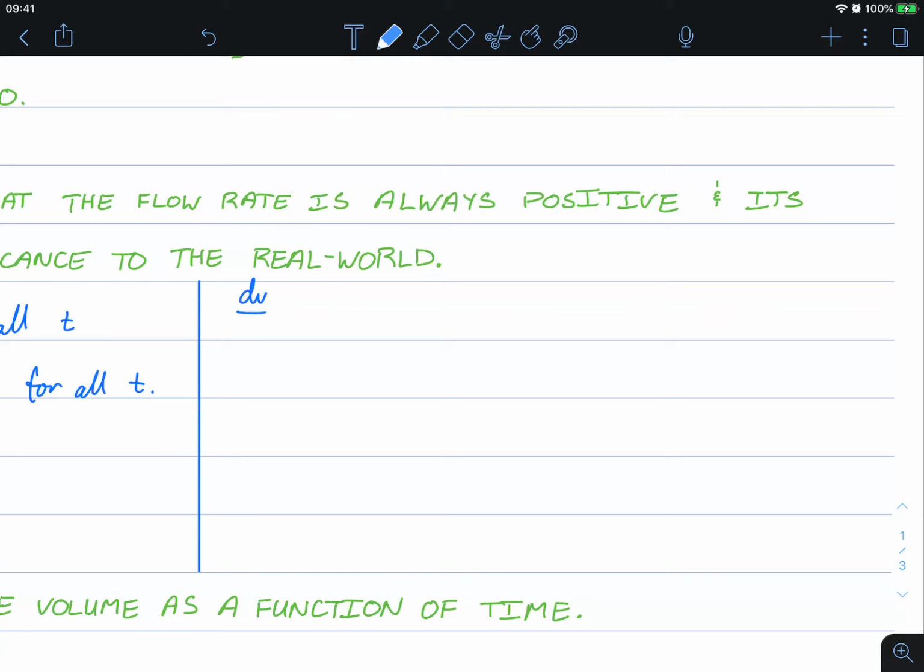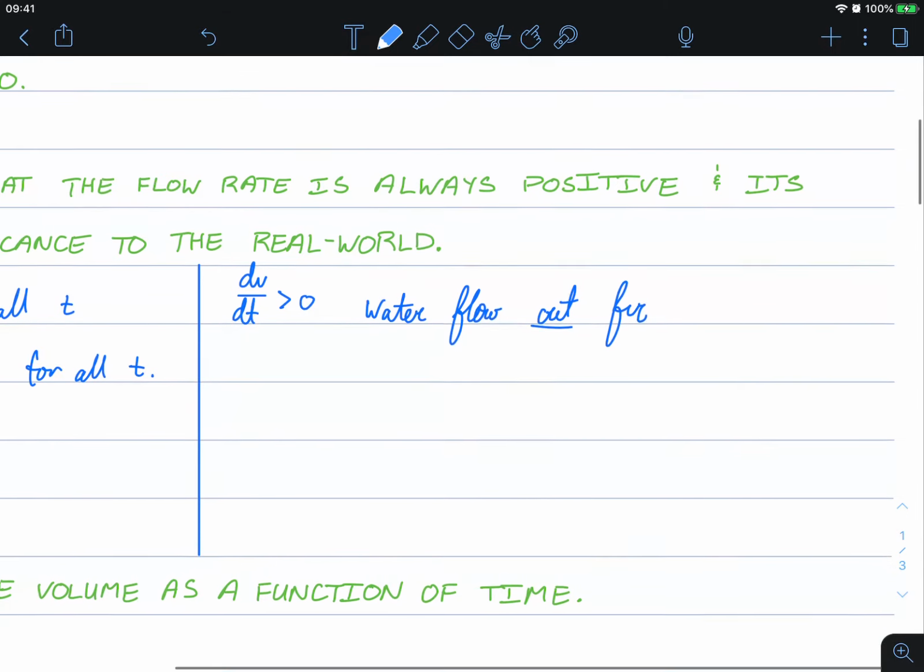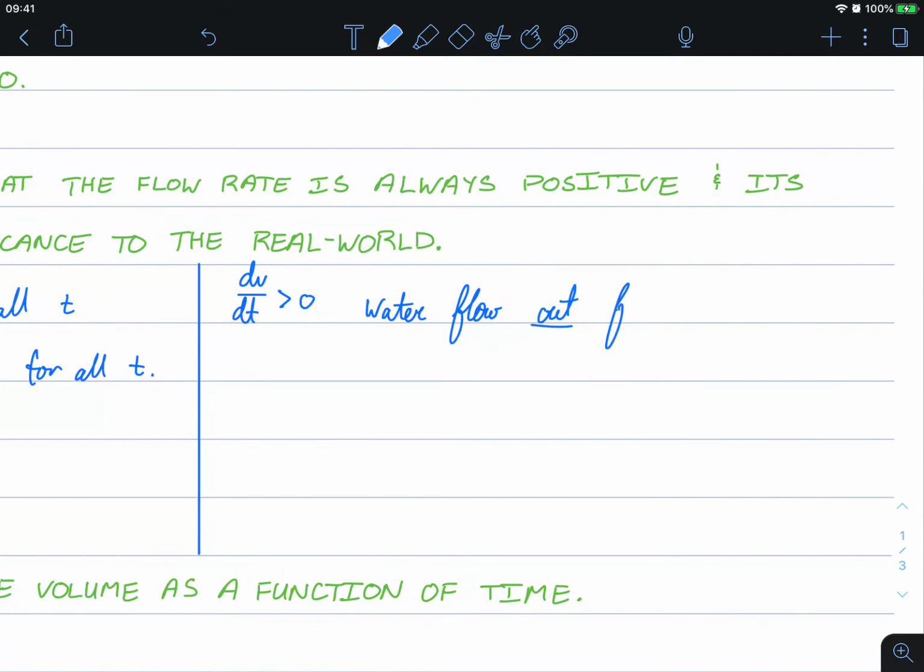If dV/dt is greater than 0, that means water flows out from the well.